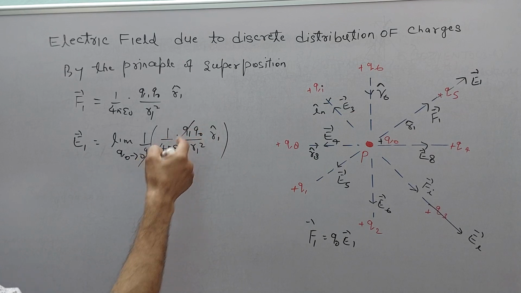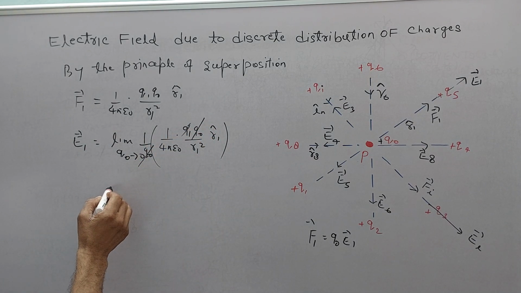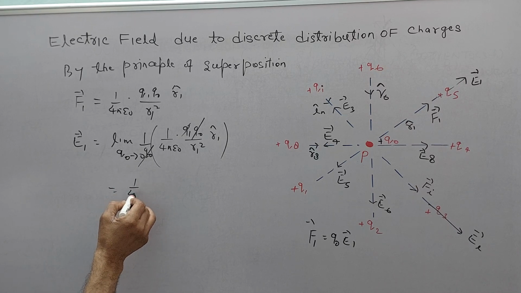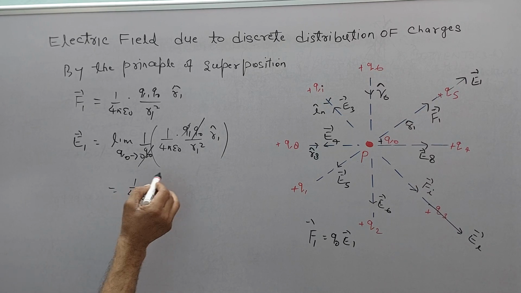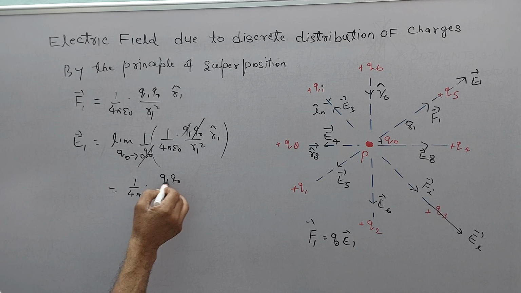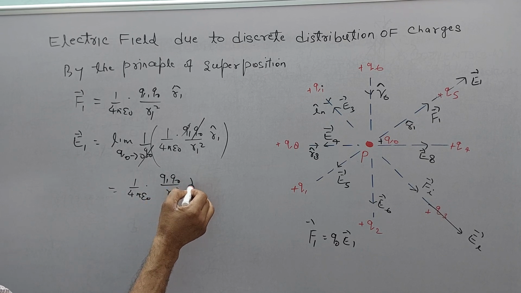Putting the value, 1 upon 4 pi epsilon naught, Q1 Q naught upon R1 square R1 cap, the Q naught will be cancelled out. Finally we get 1 upon 4 pi epsilon naught Q1 upon R1 square R1 cap.